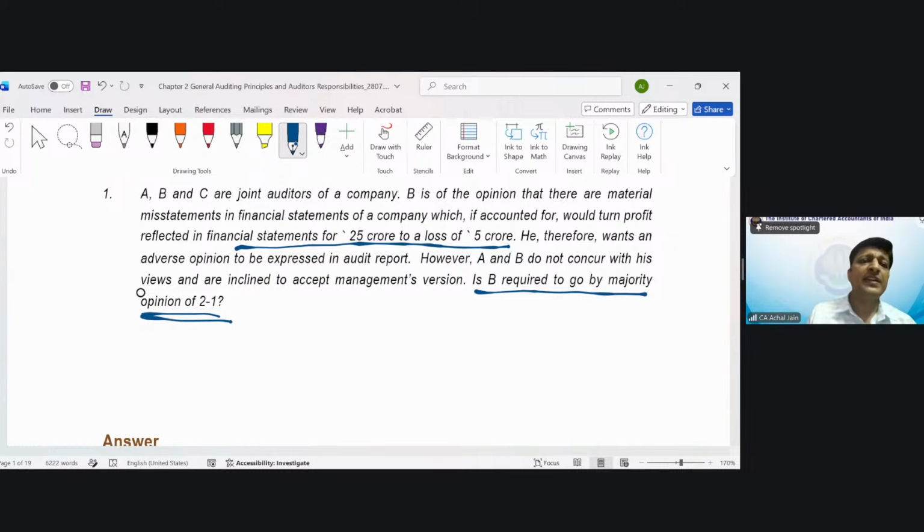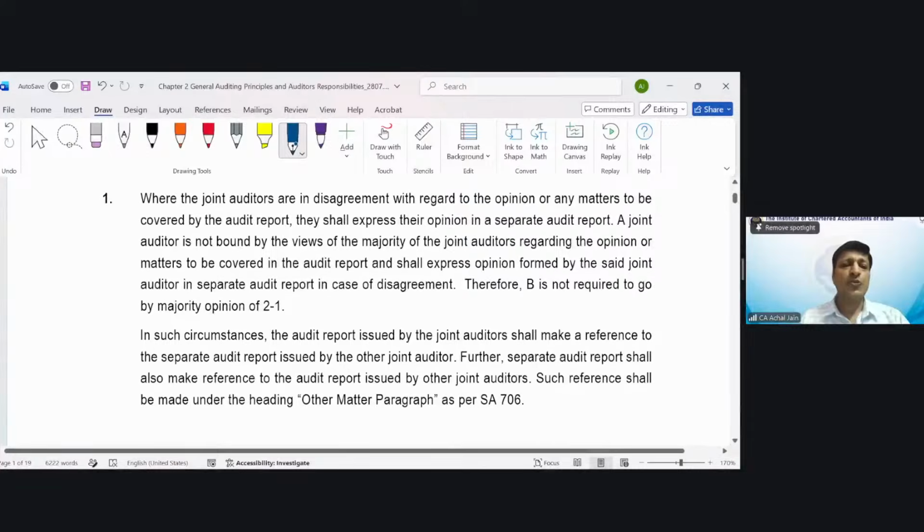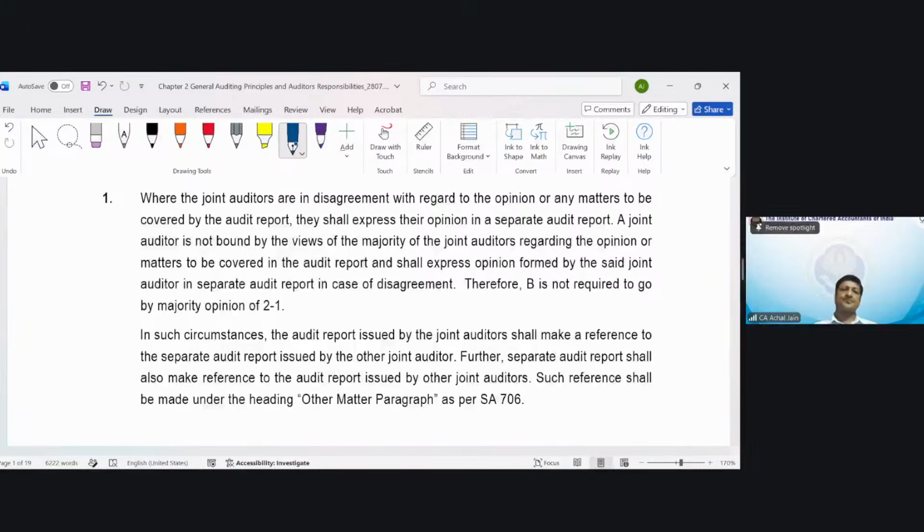Because out of three, let's suppose two are saying something, whether the third one needs to follow the other two. So let's understand this. See, where the joint auditors have a disagreement, is that a possibility? Always. See, when two persons are involved, it's not necessary that they will have the same conclusion. Their judgment could be different.